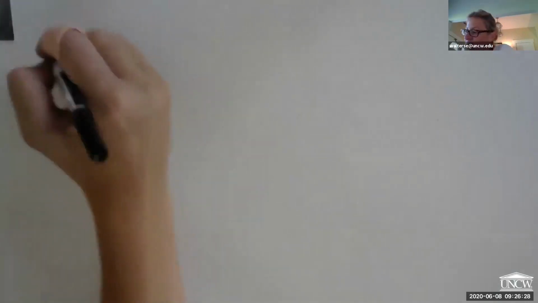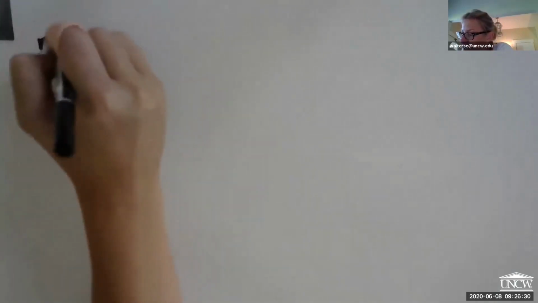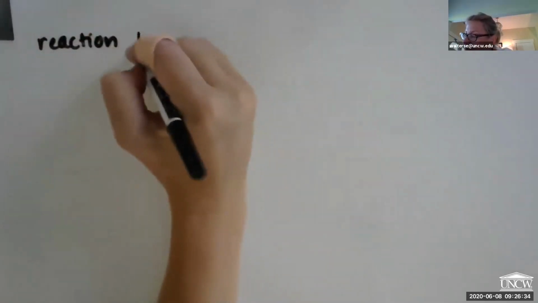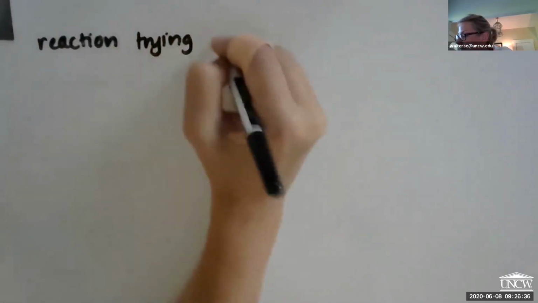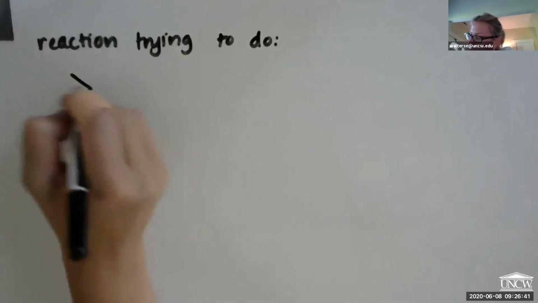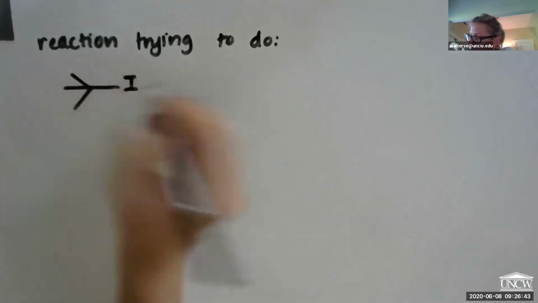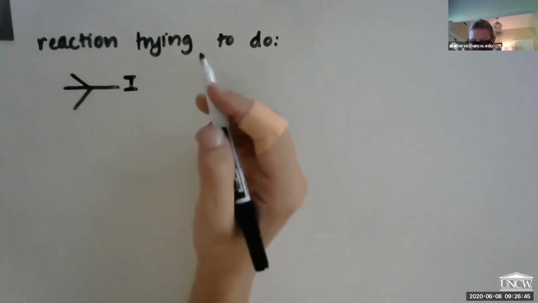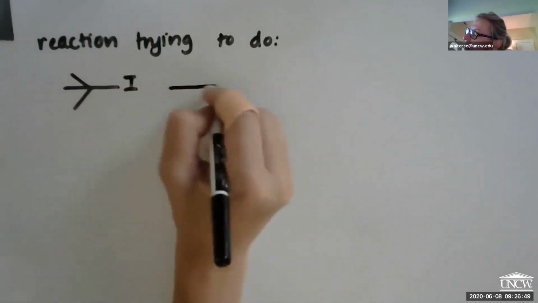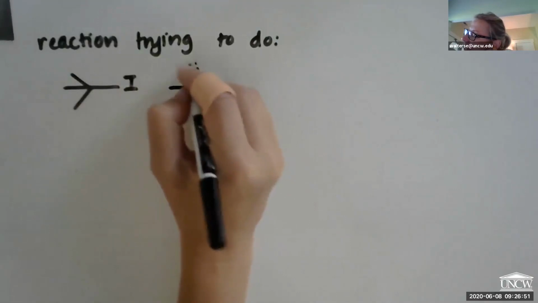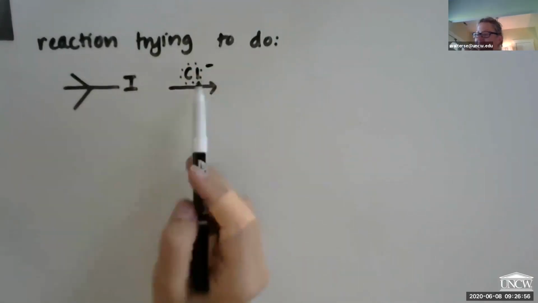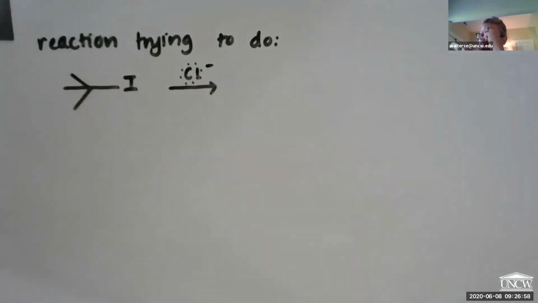Okay, so the reaction, we'll split it up into two things. The reaction that we're trying to do is going to be some kind of SN1 substitution. And what we're trying to do is just replace the iodide with the chloride, okay?